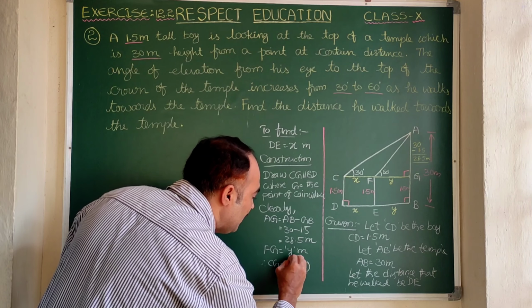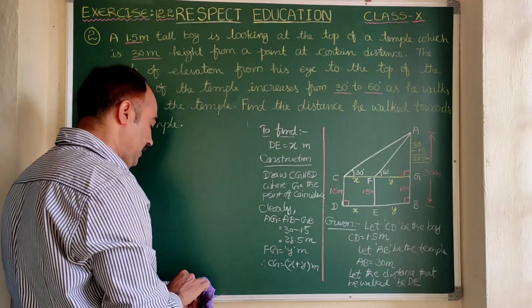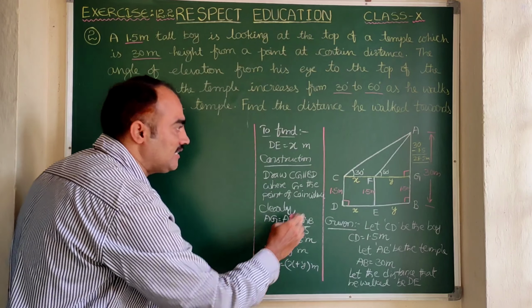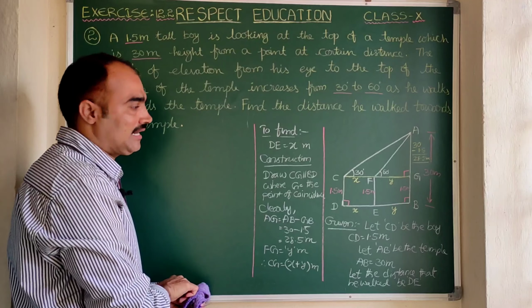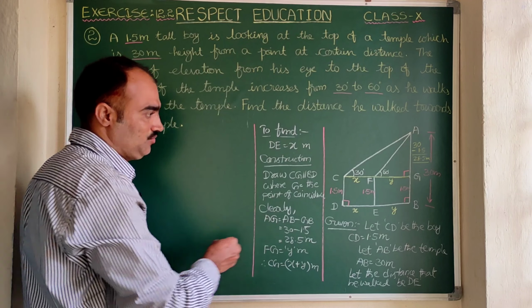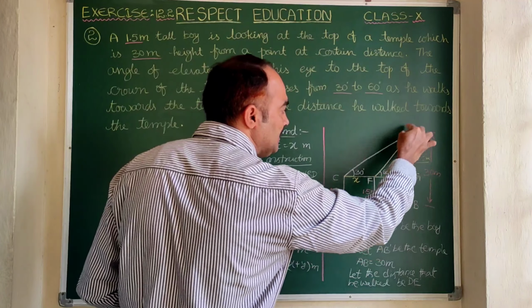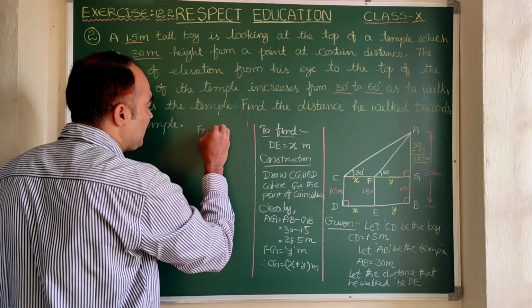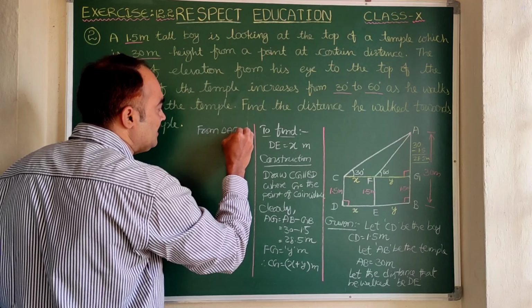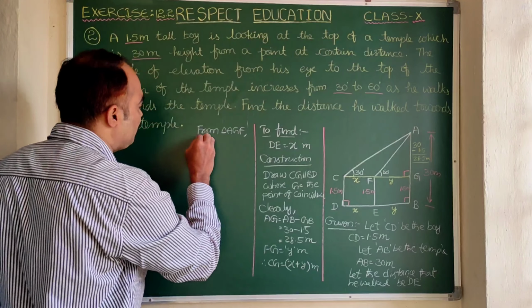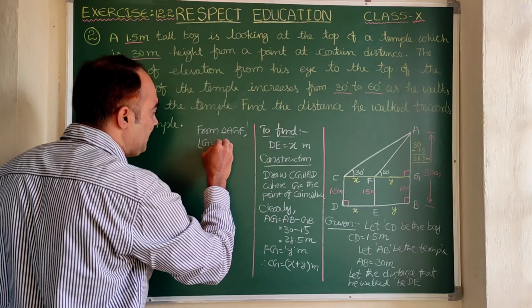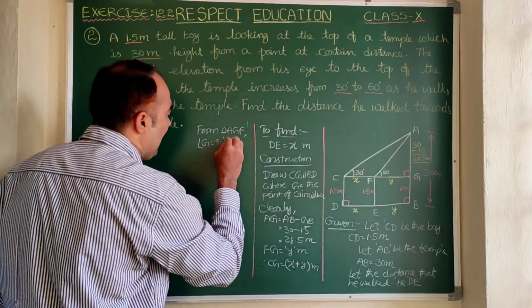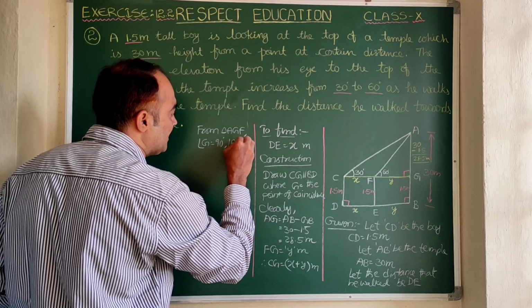Now here we are going to separate right angle triangles. In fact, this problem contains two right angle triangles, in which I am going to do the first one, from triangle AGF. In triangle AGF, angle G is equal to 90 degrees and angle AFG is equal to 60 degrees.